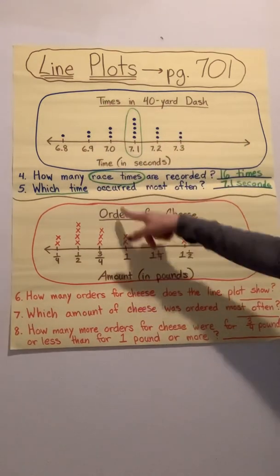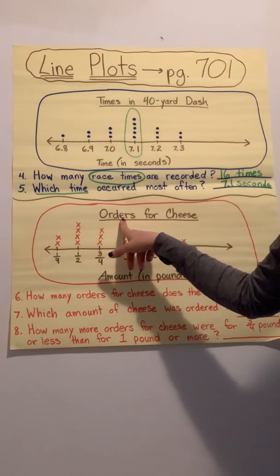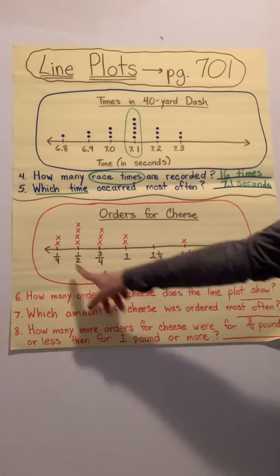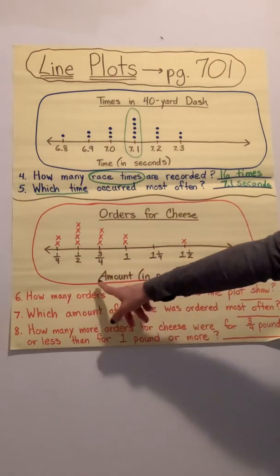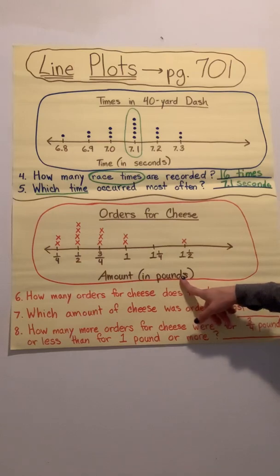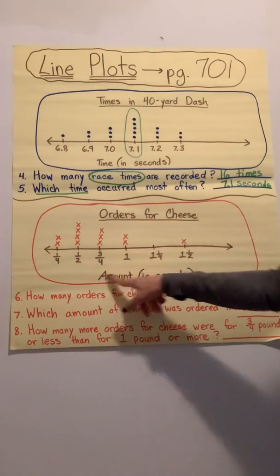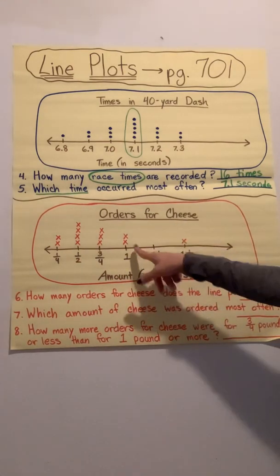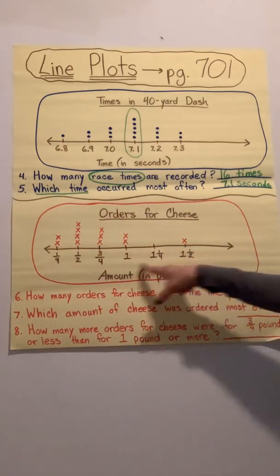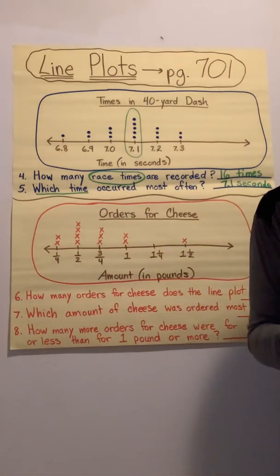Here, each X is one order that was made for cheese. Now, when I look below, I can see that these numbers on my number line represent the amount in pounds. So people are ordering cheese, they're ordering in pounds. Each X is one person's order, and these numbers tell me how many pounds it was.